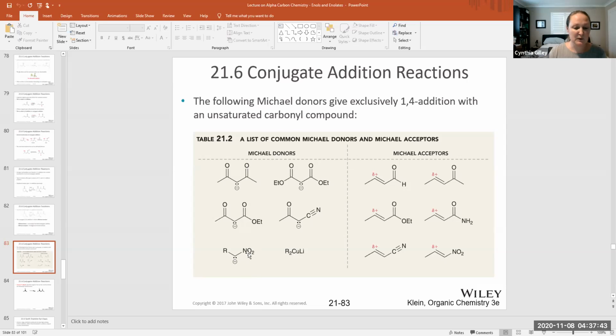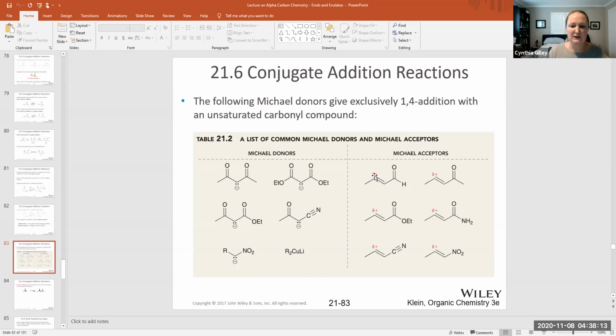The alpha position to a nitro group is considered a weaker nucleophile because this anion is well stabilized through the nitro groups, through resonance and through induction. And also Gilman reagents, right? These are a little bit different from the other examples here, but they're considered weak nucleophiles. And so they do exclusive conjugate addition. So we're going to call them a good Michael donor.